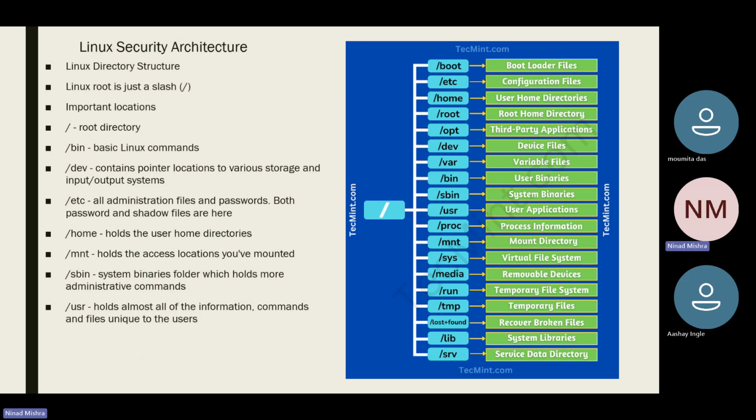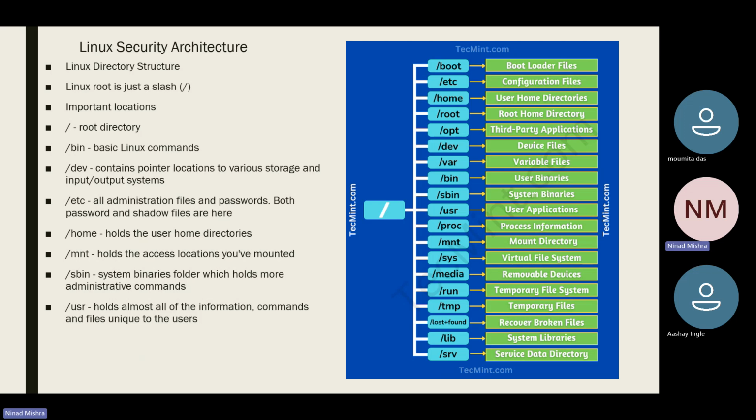Then /bin has your basic Linux commands. /dev contains pointer locations to various storage and input output systems, so your external and internal storage devices will be stored in dev. /etc contains configuration files, passwords and administrator files. Both the passwd and shadow files are here. Shadow files, you mean hashed files.